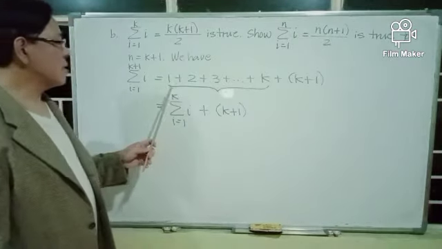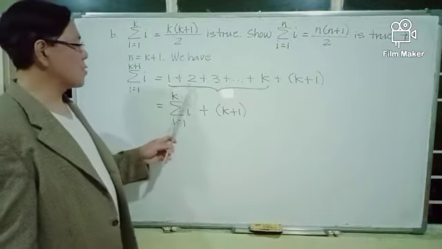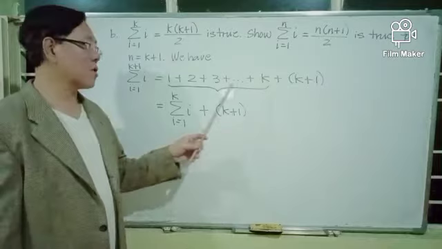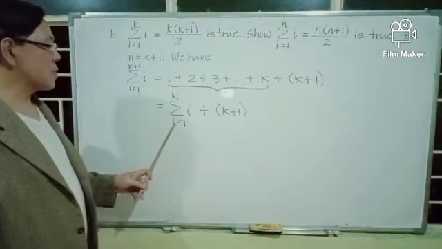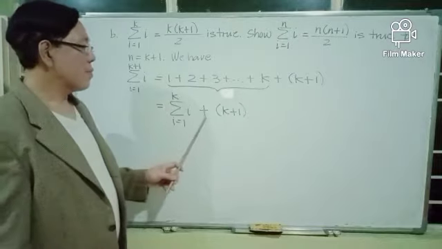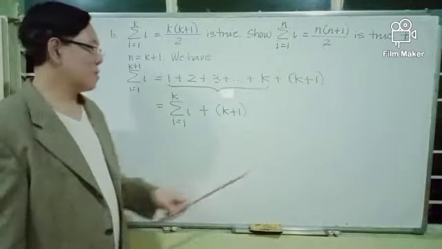Again, we write the sum 1 plus 2 plus 3 plus up to k in compact notation using sigma notation, and it is equal to the summation of i where i is 1 to k plus the last term, k plus 1.